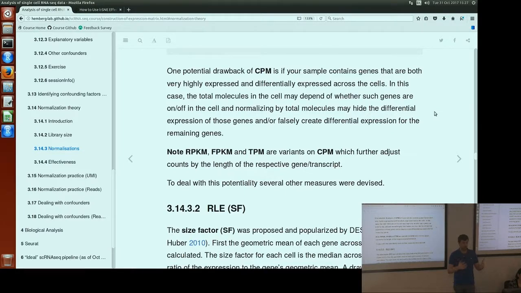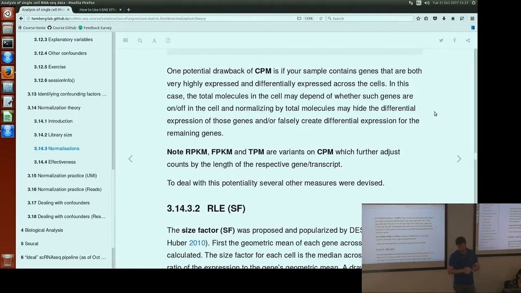Because even if the number of transcripts in the actual cell were equal for a long gene and a short gene, after sequencing you would expect to see more counts for the longer gene than the shorter gene. And that's challenging inherently. So those methods try to take that into account.